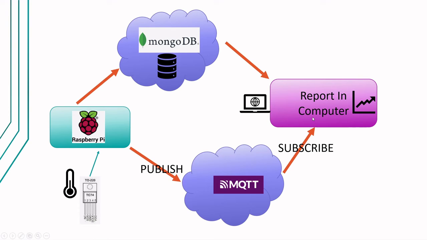With every published data, this separate Python script which is subscribed to this channel is updated, and in every update it pulls the latest data from MongoDB and generates the report.